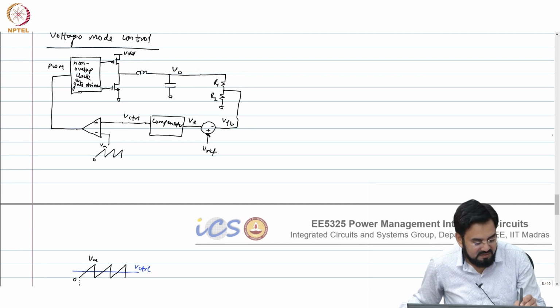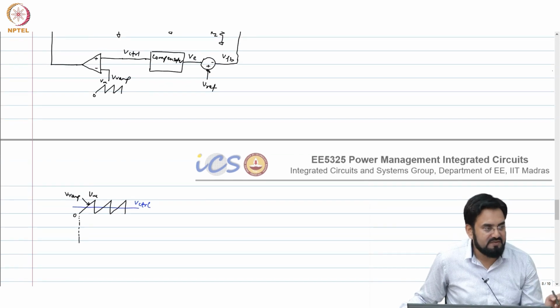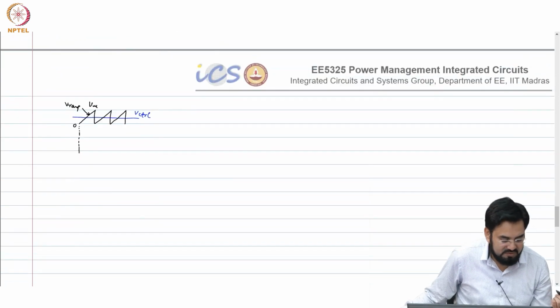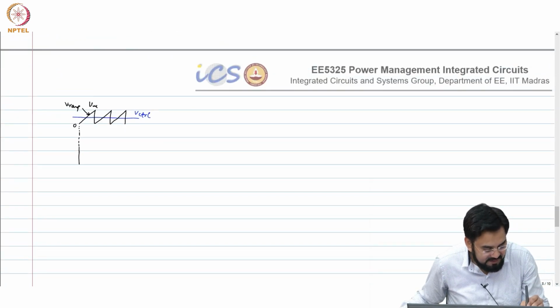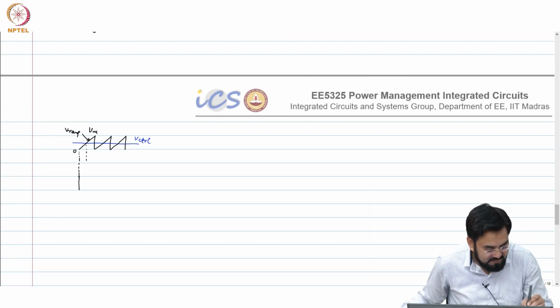Let's say I call it VRAMP. When VRAMP is 0, V control is more than 0, so PWM will be high. Okay. And at this point, what is happening?